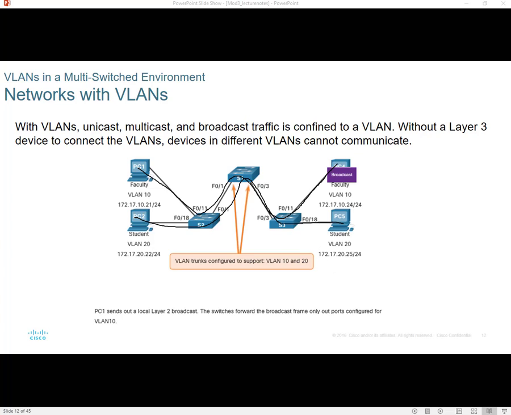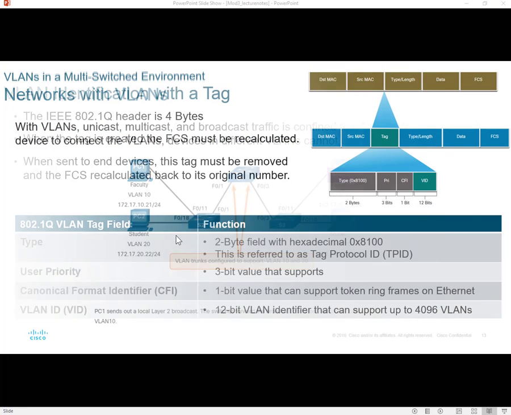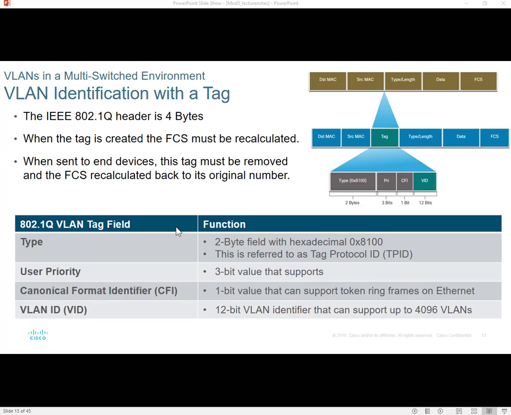So VLANs reduce the size of the broadcast domain by creating smaller broadcast domains per VLAN. Broadcasts are not propagated out to other VLANs, and that also means inter-VLAN communication is not going to happen unless there's some form of layer 3 functionality or routing done here.